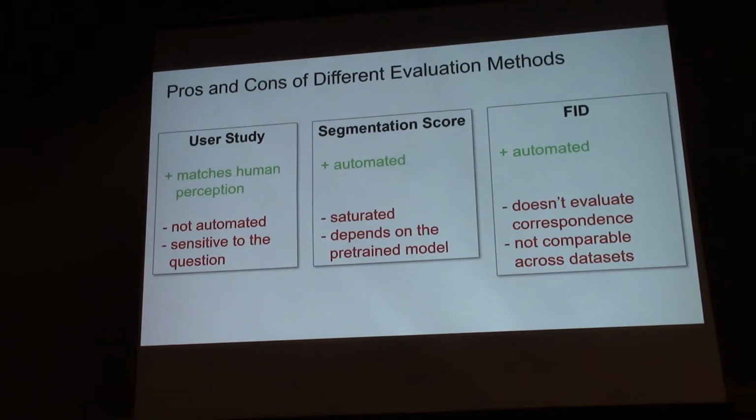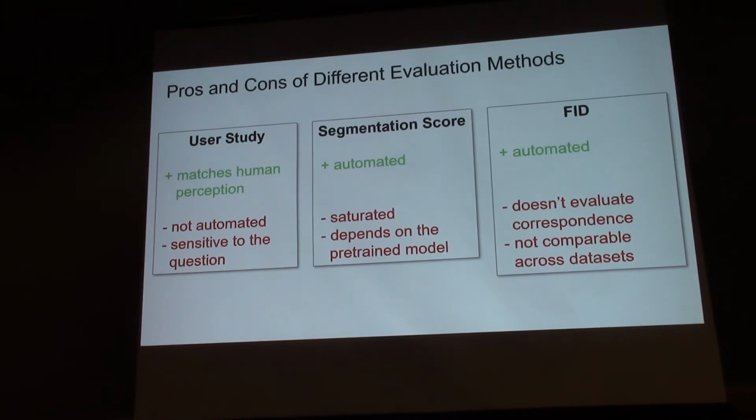So here are some pros and cons of different evaluation methods. I think the user study is the ultimate metric that we want to optimize for. We want to generate images that look the best to human eyes. However, this human study is not automated. It's also not so reproducible, and it's known to be sensitive to the question asked. There are two other automated evaluation metrics we used.